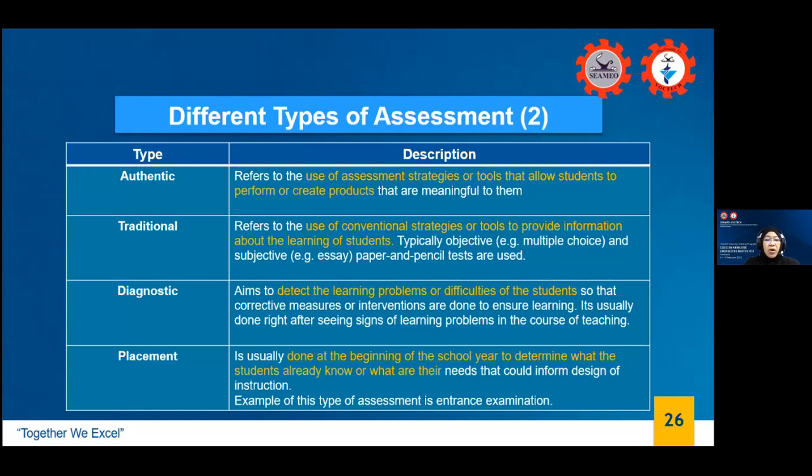So in our case, diagnostic and placement should be done, especially placement. Placement is done at an earlier stage. Diagnostic can only take place after a student has already attended a training, and the teacher has observed that there's something not right about the student, so the teacher can propose to the parents.